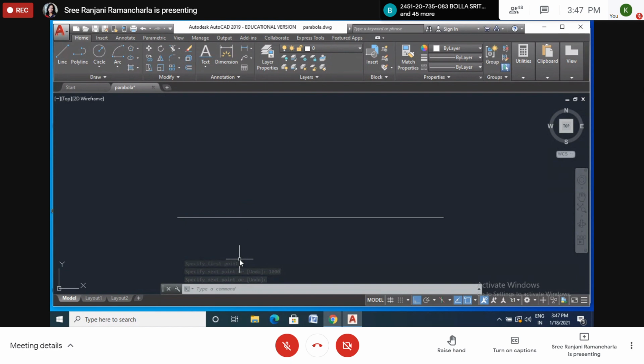Then what is asked to measure? How much do you have to measure? 6 meters. So you have to divide this line.